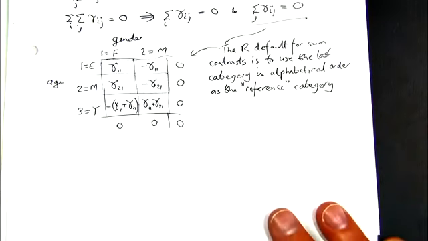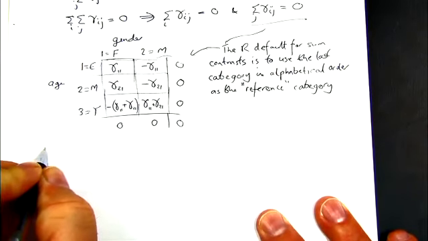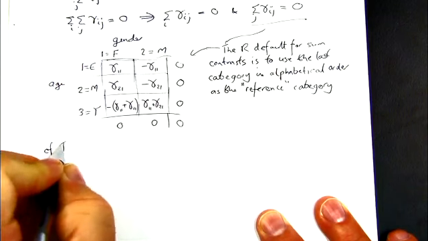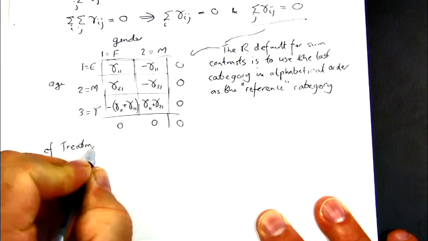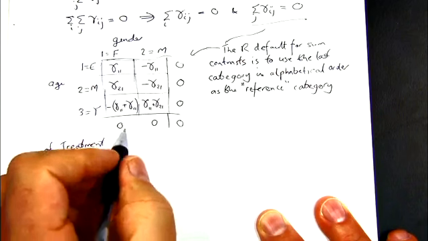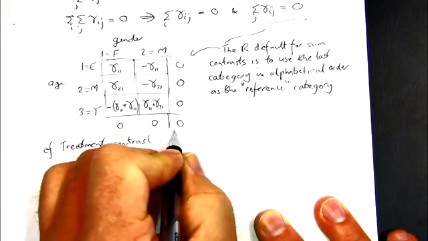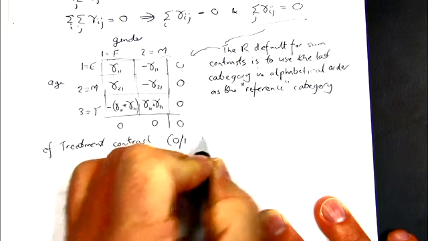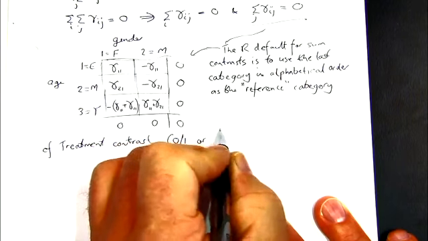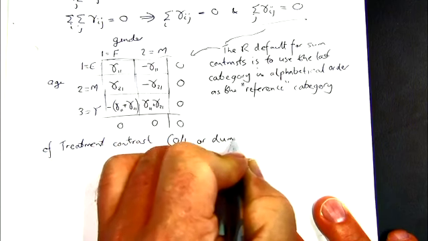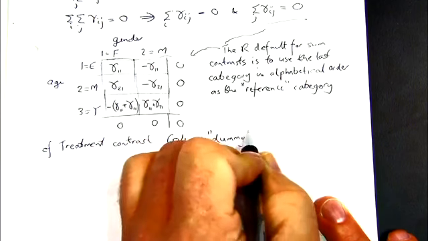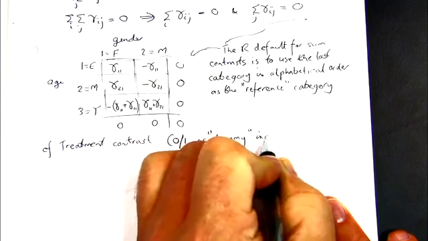Let's just for an instance compare that with treatment contrasts. If I use treatment contrasts, how would I specify this? That's if I'm using a 0, 1, or what's typically called dummy indicator variable coding.